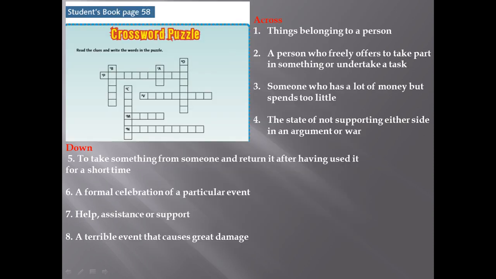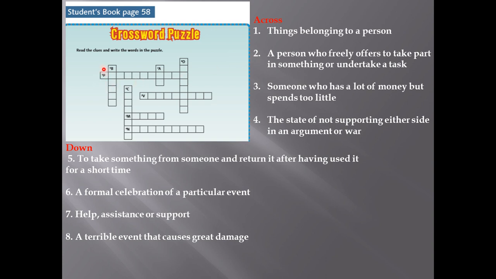Go now to the exercise or student's book, page number 58. It is a crossword puzzle. Page number 58, crossword puzzle. As usual, here we have a cross, which is horizontally, أفقي, and down, which is vertically, عمودي. Yes. Here let's start things belonging to a person.